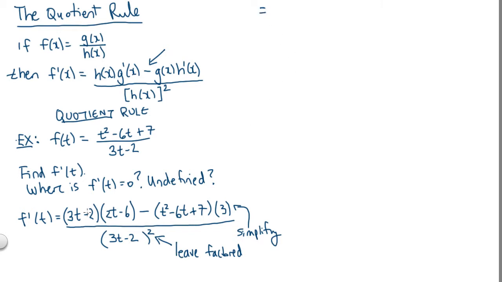To get going with our numerator, let's expand out this first product. We've got 6t squared minus 18t minus 4t plus 12. And then when we get over here to our second term, one thing that might help us speed up this calculation a little bit, notice we've really got a product of three things here, because we've got a minus 1 times this bracket times 3.